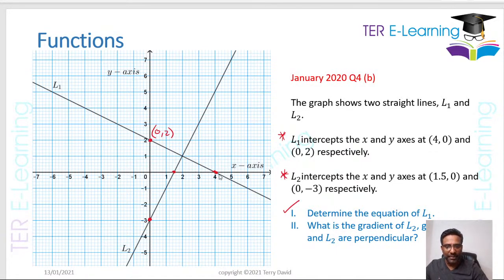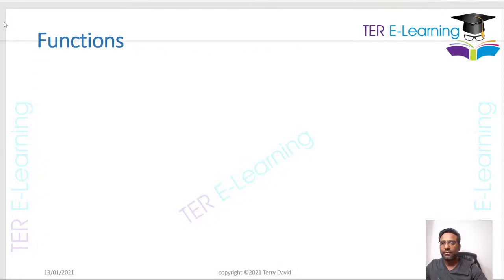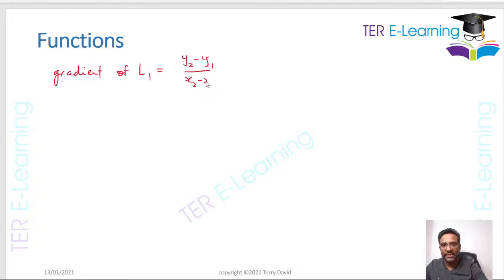This coordinate here is actually 4, 0. So what I'm going to do, I'm going to label this as x1, y1, and I'm going to label this as x2, y2. So let's work out the gradient of L1. Gradient of L1 is equal to y2 minus y1 over x2 minus x1.